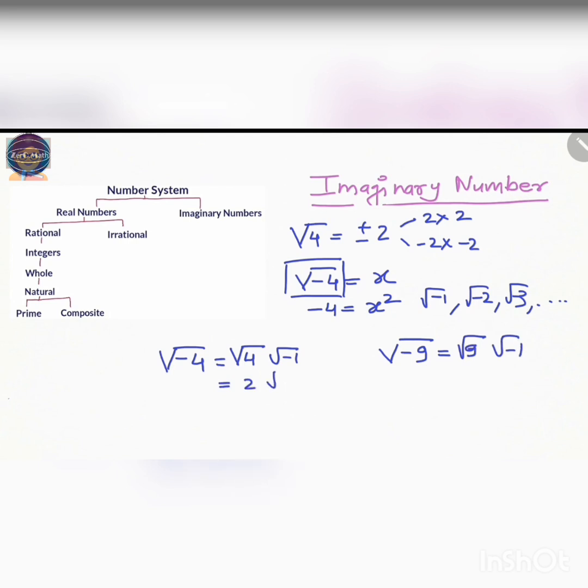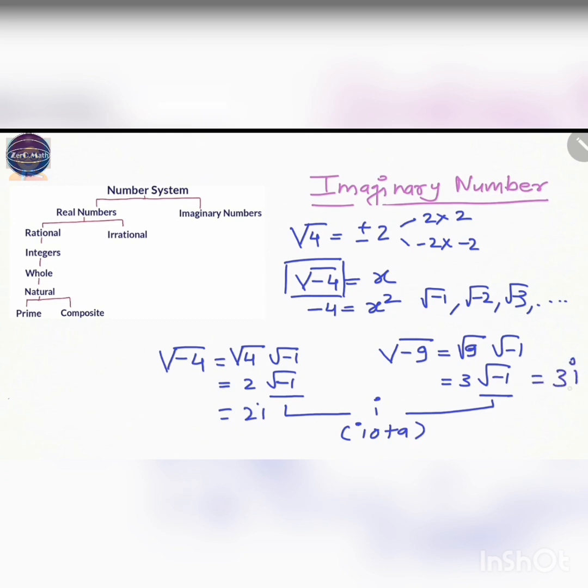Now this will become 2 into square root of minus 1, and this will become 3 into square root of minus 1. Now you can see each imaginary number can be represented in the form of square root of minus 1. So what scientists did, they termed this square root of minus 1 by the symbol i. So i means iota. It is called iota. So square root of minus 4 becomes 2i and square root of minus 9 becomes 3i.